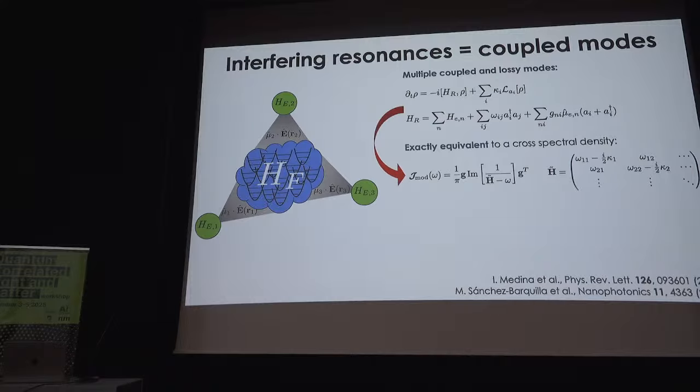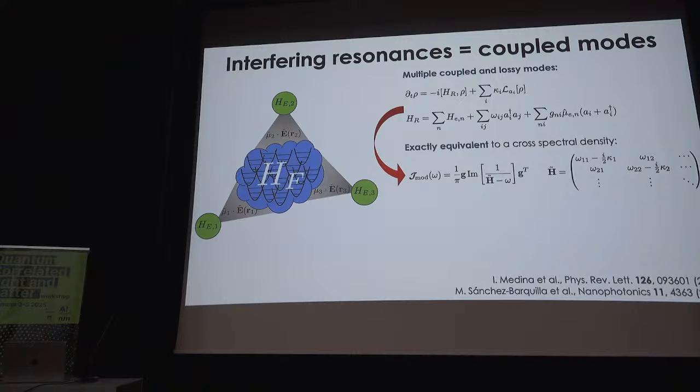Analytically, it is given by a relatively simple expression, where I just have the inverse of my coupling matrix between the modes. This is not just diagonal as I would usually have; there are couplings between the modes, omega_ij, and they show up in this matrix. On the diagonal I have a non-Hermitian part that is the losses.